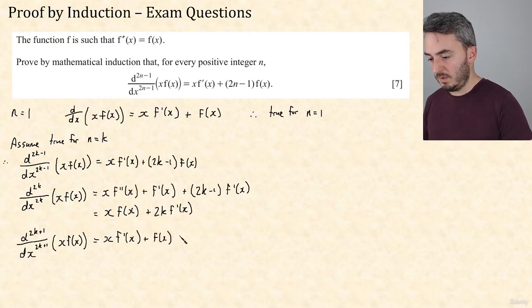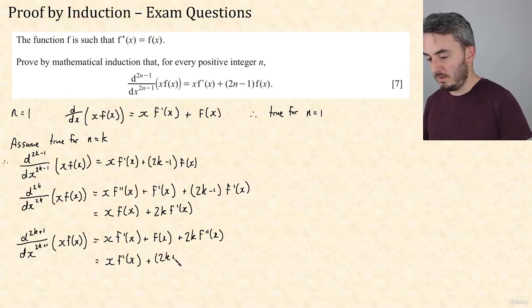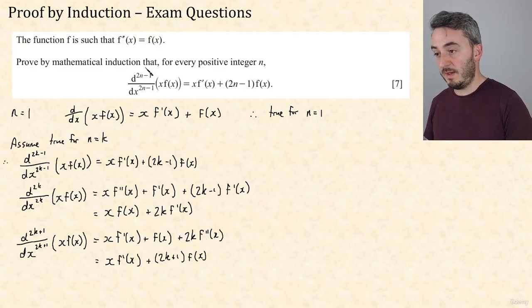And then here, well, it's just 2k lots of the second derivative, which by definition is just the original function. So I've got my x f dash of x, and then I've got 2k lots of f of x plus 1 f of x. So in total, that's 2k plus 1 lots of f of x. Of course, I've just replaced that f double dash of x with f of x because of this definition.